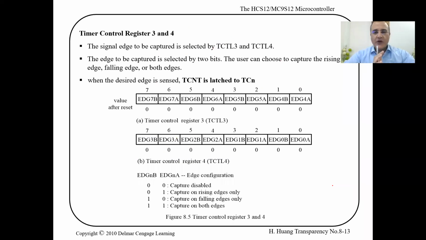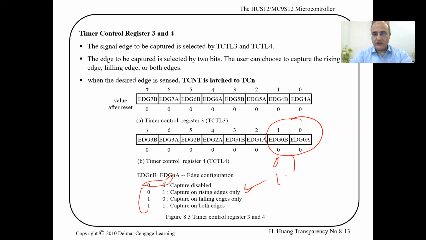Now, when we are in the capture mode, Mustafa, this is your question. Do we want to capture on a rising edge, on the falling edge, or on both? So for channel 0, for example, if it's disabled, the pin will be a digital port. If it is enabled, you have to select one of these. If you write 0, 1 in it, then you're capturing the value of the TCNT counter on a rising edge.